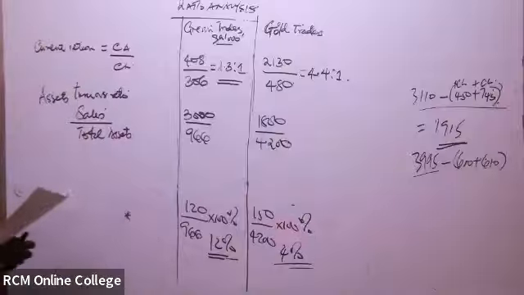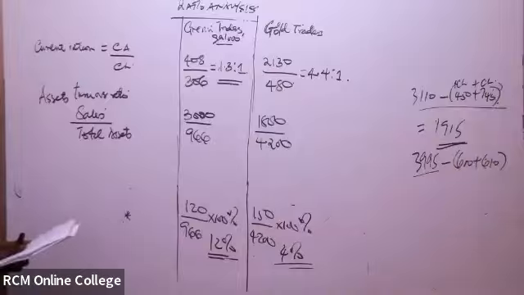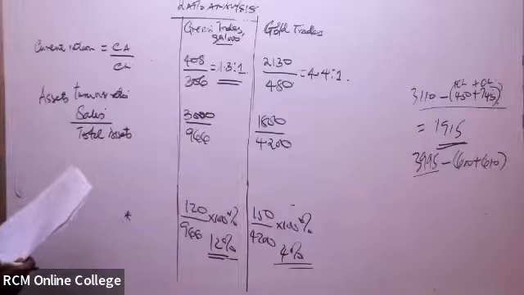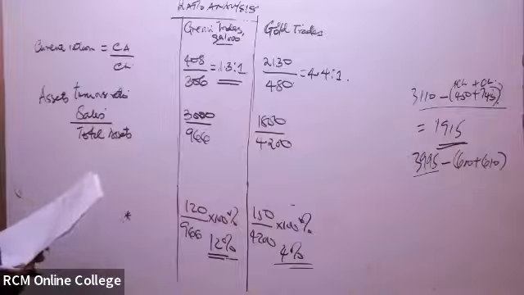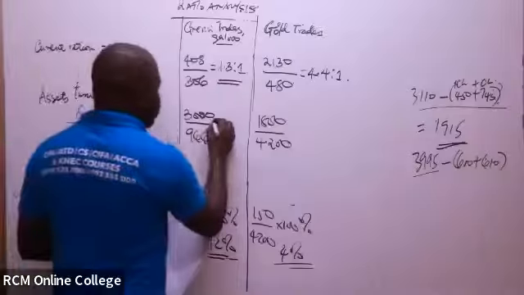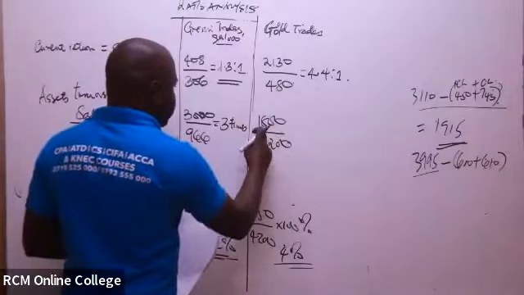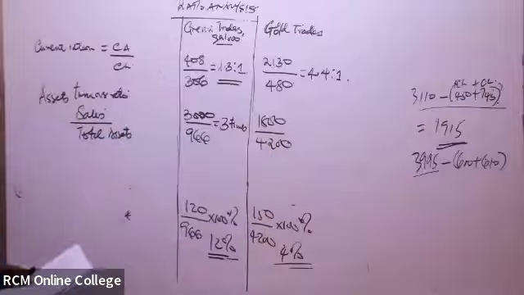So how many times is it turning over in green traders? It is 3.3 times, so you can just round off to 3 times. What about for gold traders?